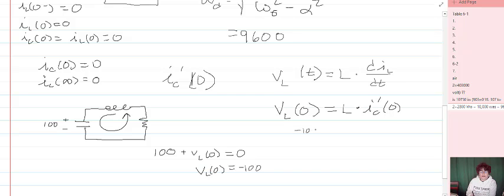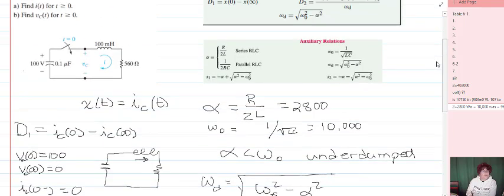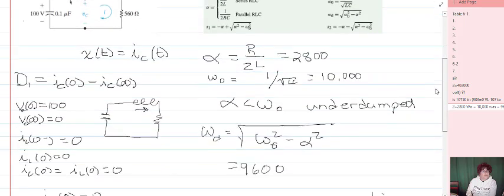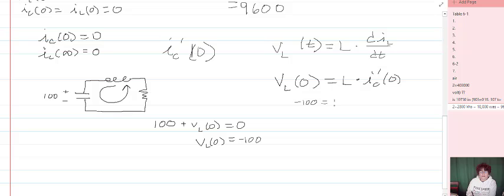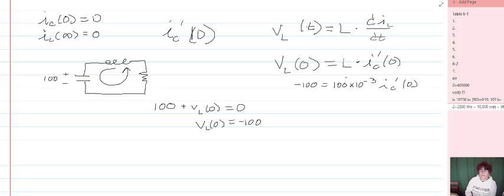So negative 100 equals L, which was 100 millihenries, times IC prime of 0, or IC prime of 0 equals negative 1000.